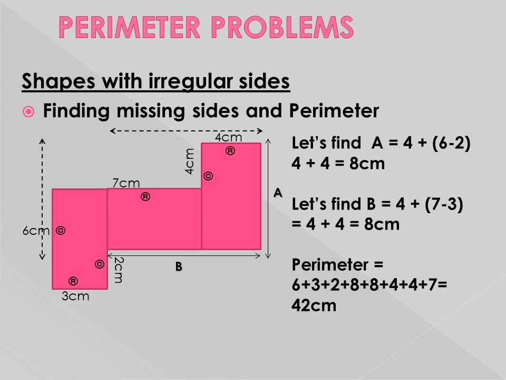Let's see. Rectangle A has 6 centimeter length to the side. But look at the right side of rectangle A. It has 2 centimeter. Can you see that 2 centimeter at the bottom? If this small part is 2 centimeter, the remaining part should be 4 centimeters so that it will be equal to the 6 centimeter on the left side.